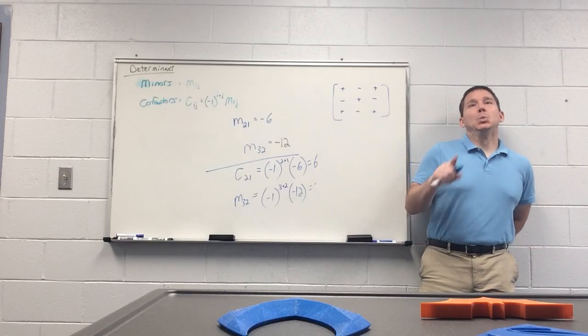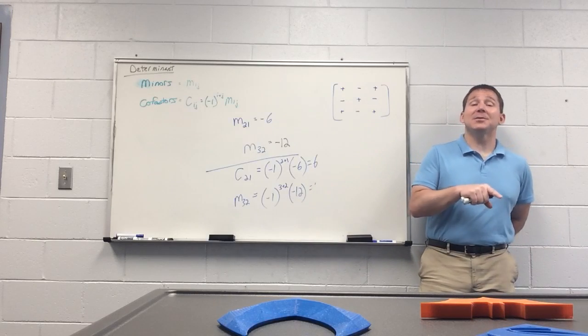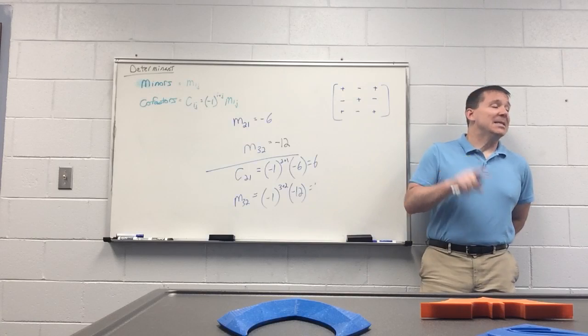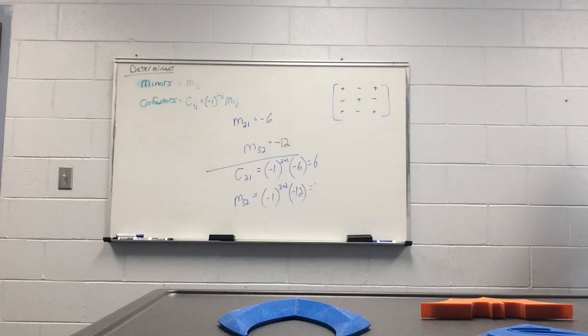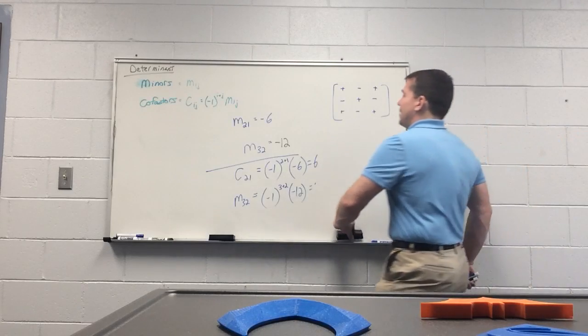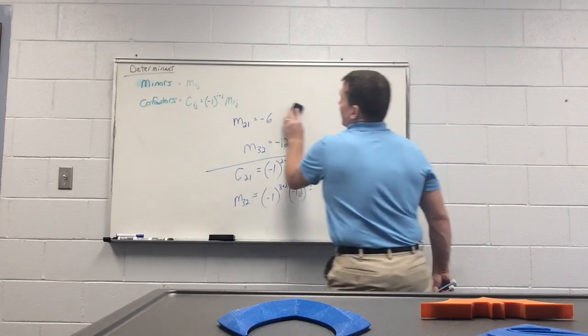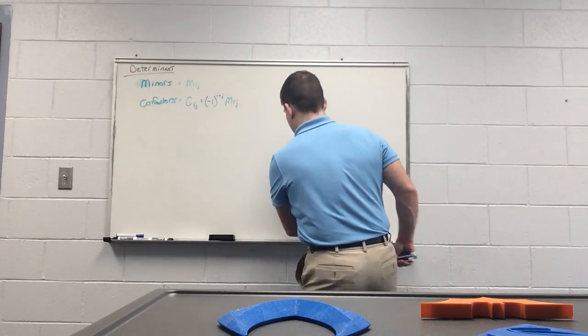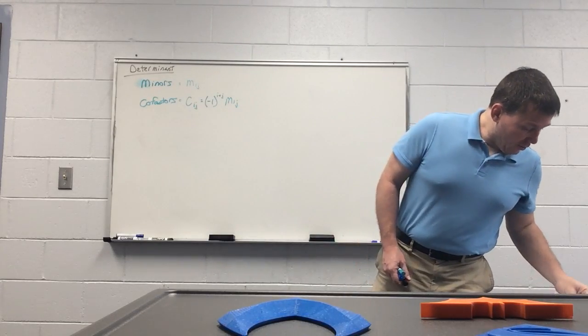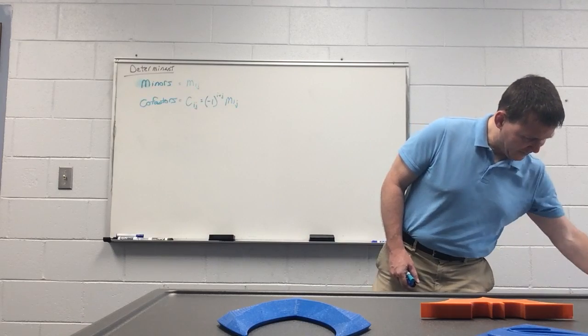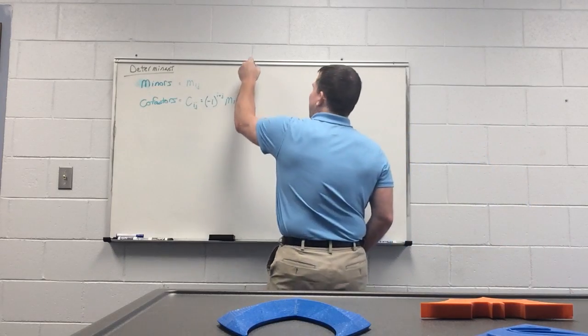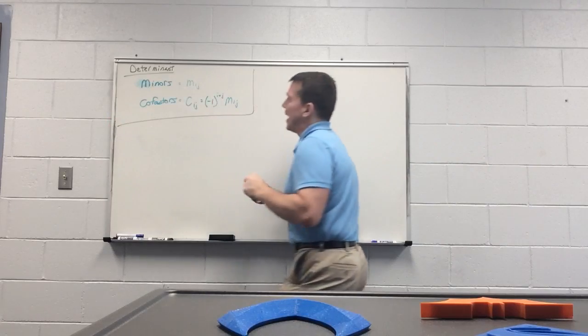But once we have this idea of minors and cofactors, now we can actually start looking at how to find the determinant of a 3 by 3 matrix. And we have a formula. I want to write this in the same notation as the book.